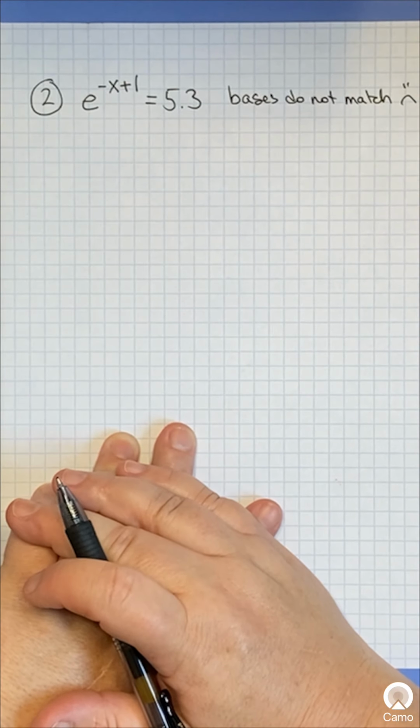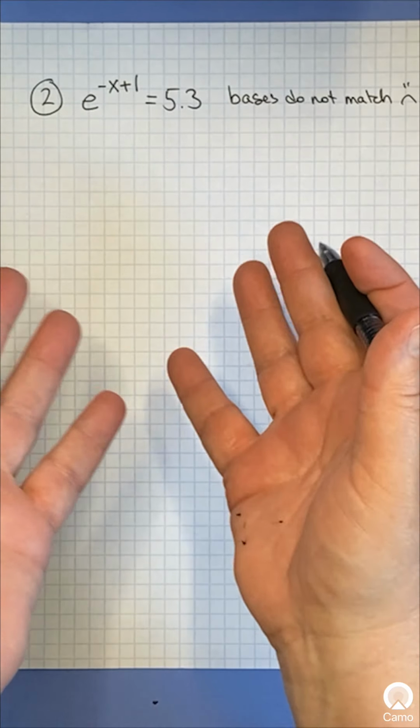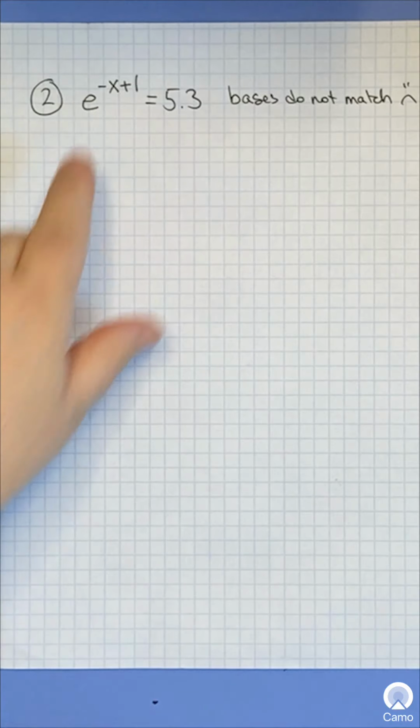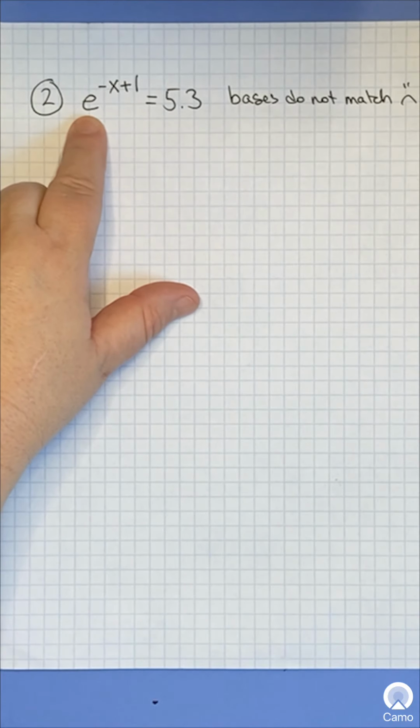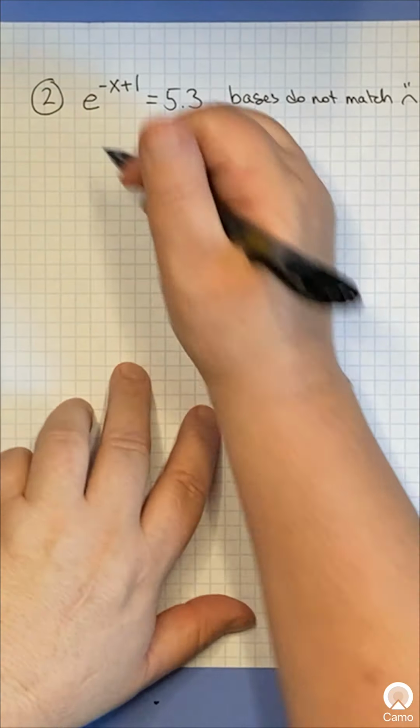So what are we going to do? Well, we have an exponential expression. So it's an exponential equation, really. We're going to use logarithms. Now, if we already have an e in the problem, our best bet is to go ahead and use natural log, right?